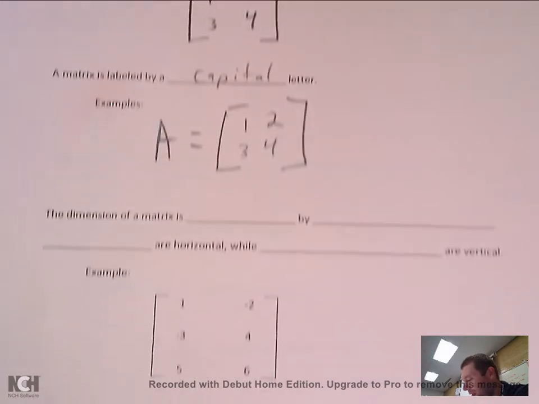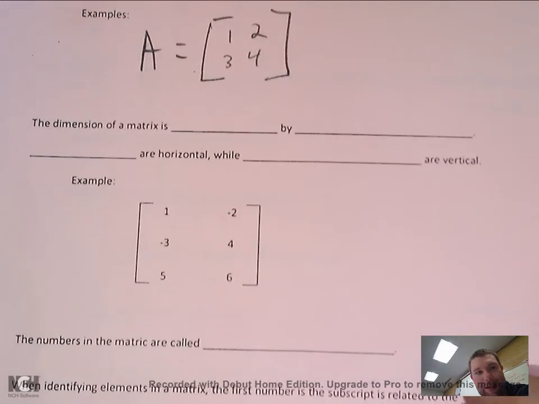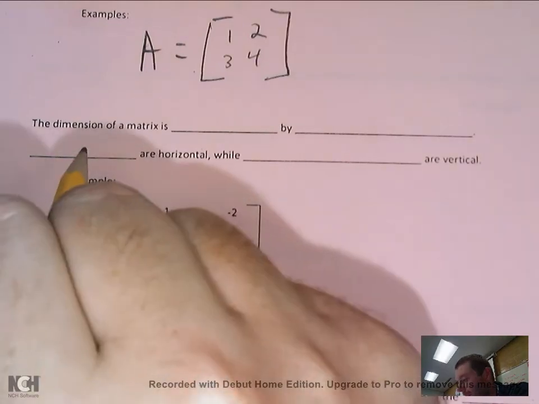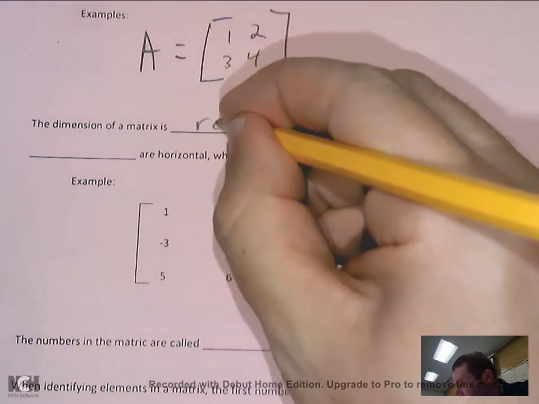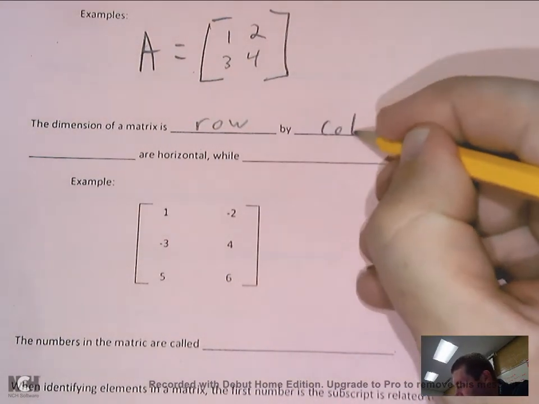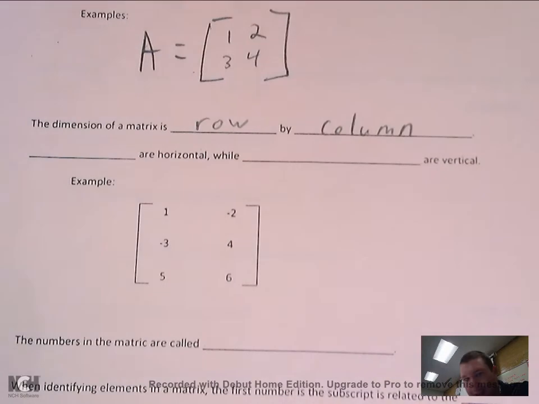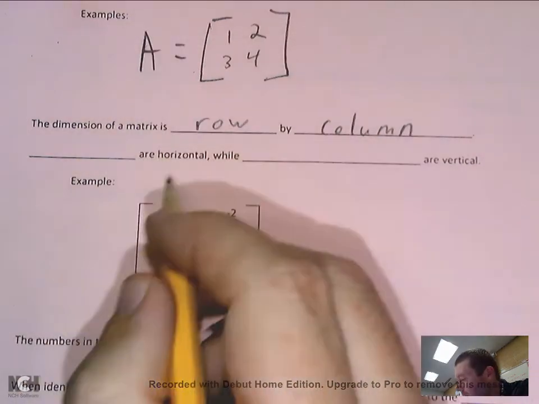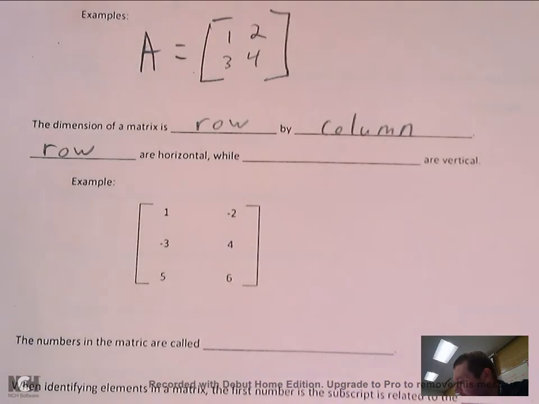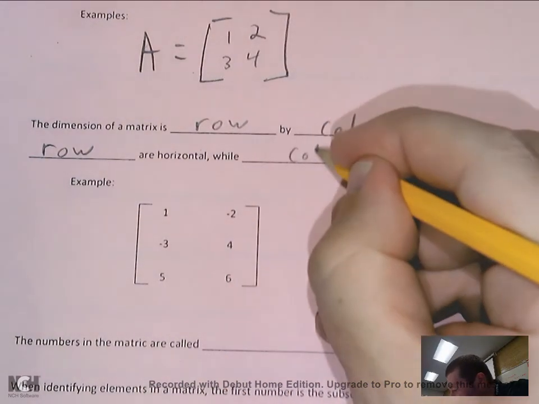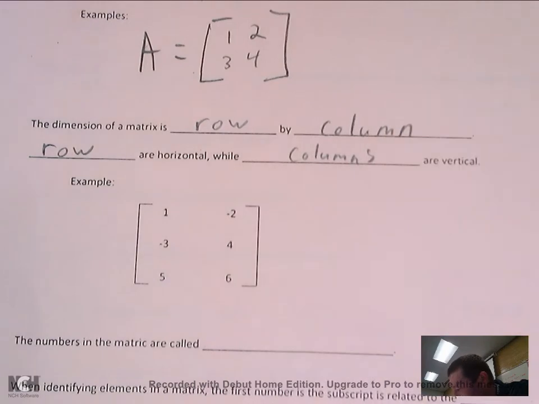Okay. So the next thing, and this is one of the more important things about matrices, is the dimensions. The dimensions of a matrix is row by column. Okay? And this is going to be a very important part of matrices. So the horizontal is what we'd call the row. So rows are horizontal, while columns are vertical.